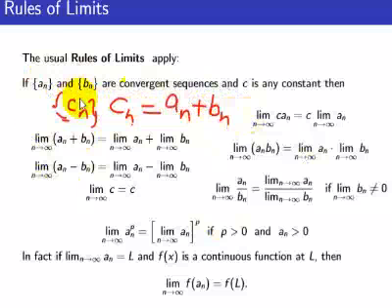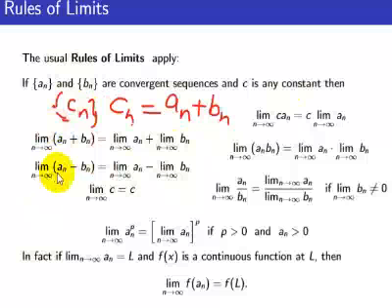The limit of the sum of these two sequences is equal to the sum of the limits of A sub n and B sub n, right? So you can show this one. In this course we don't provide a proof for that. I think in PM2 note 1 we have proved these things, right?